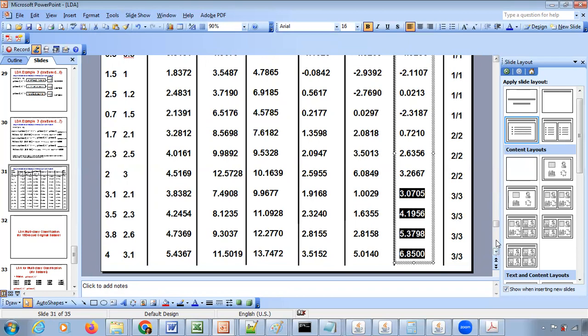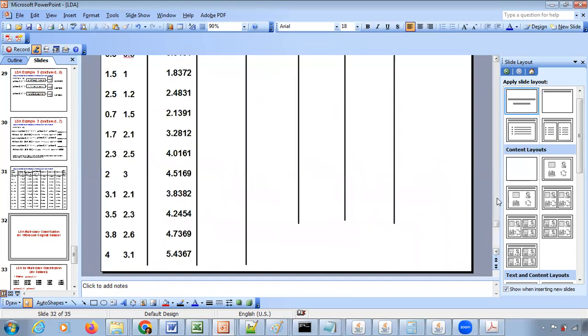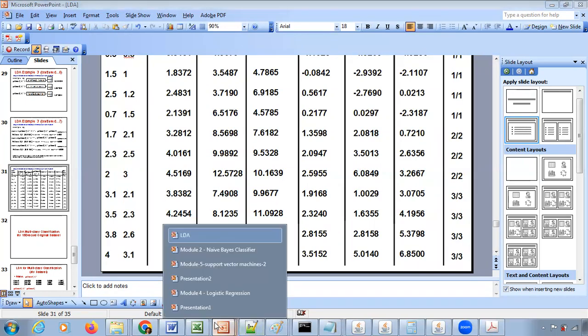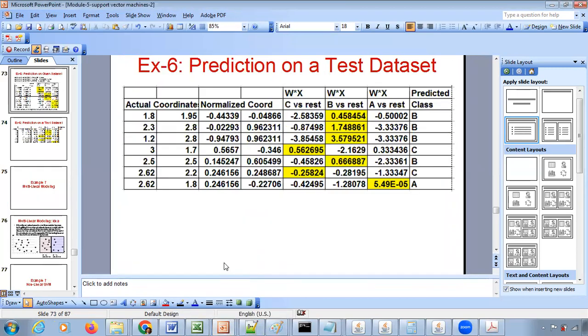So we can use the same approach and do a prediction for any test data point if you want. Let us just pick up, for curiosity, one data point that we observed here. Let us say 2.62 and 2.2.